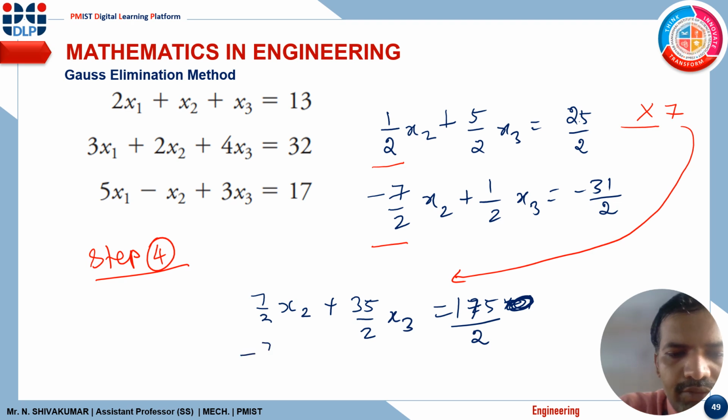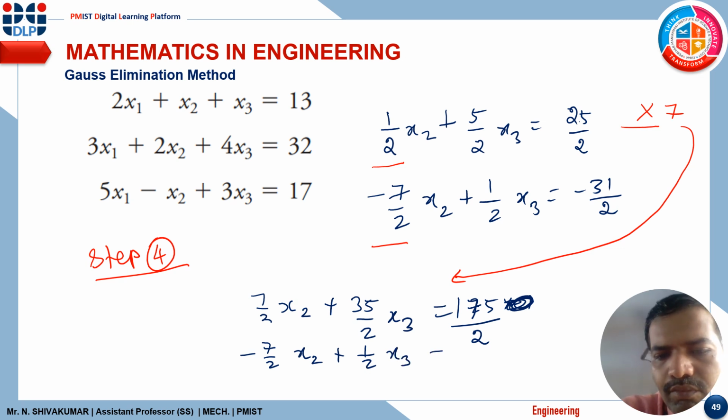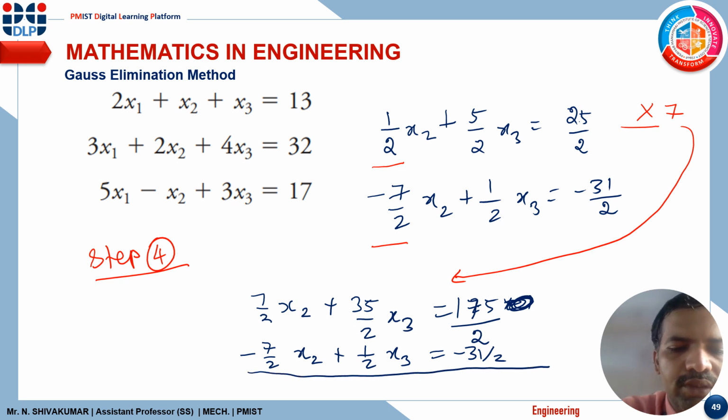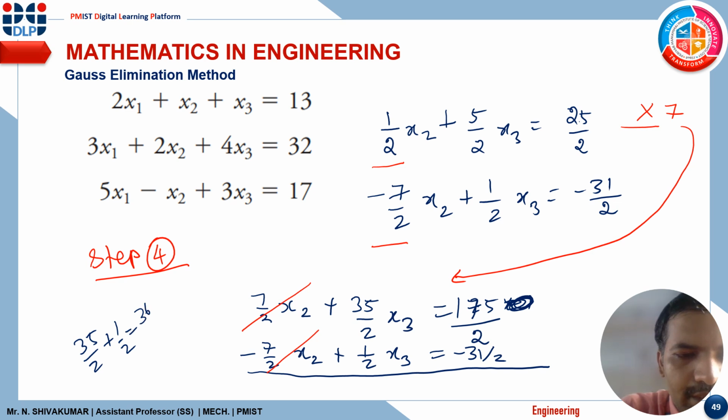Here we have minus 7 by 2 x2 plus 1 by 2 x3 equal to minus 31 divided by 2. We simply add both, and x2 gets cancelled. What is the result? 35 by 2 plus 1 by 2, so 36 divided by 2 becomes 18.